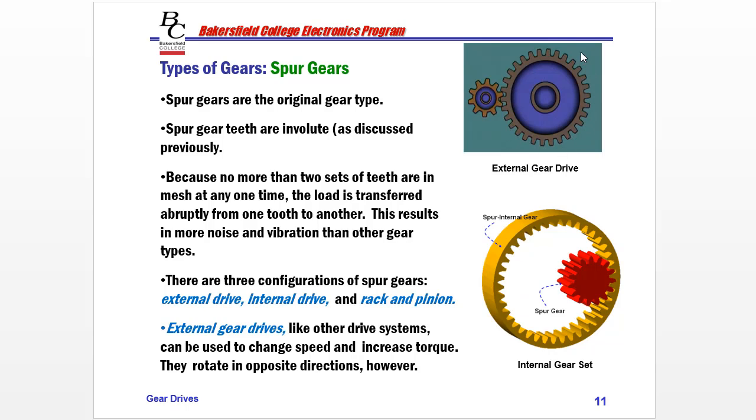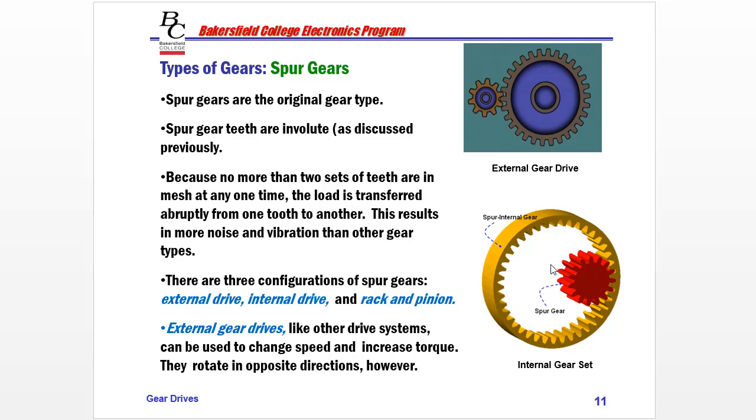So with an external gear, we can use them to increase speed, increase and decrease torque, and the two gears in the gear set, the gear and the pinion, spin in opposite directions. We discussed that. If the pinion is spinning clockwise, then the gear is going to spin counterclockwise.